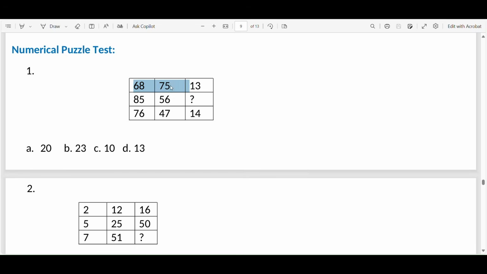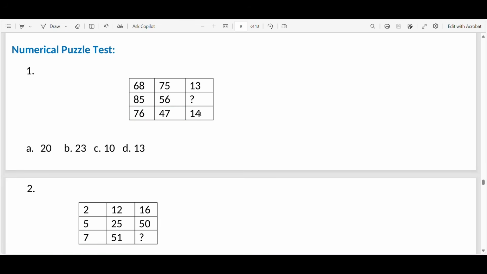When you subtract both of these numbers, the difference will be 7, or minus 7, but it is 13 here, so that is not a possibility. When you subtract these, you are getting 29, but there is a question mark there, so let's see that afterwards. In the third row you have 76 minus 47. This will also give you 29, but it is 14 here.